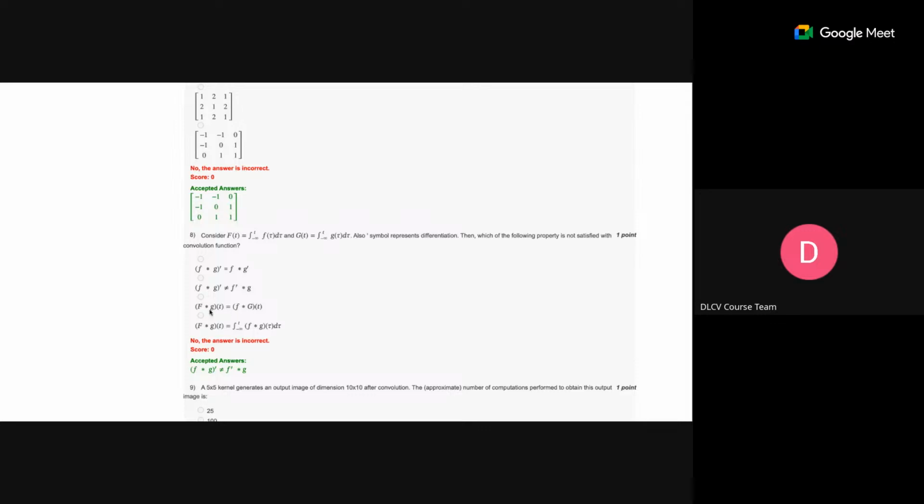You open this bracket up, and you do the same thing on the right side, and try to see if you can get the right hand side from the left hand side or vice versa. For all these four options, you do that. Only the first one you will not be able to get. Correct.